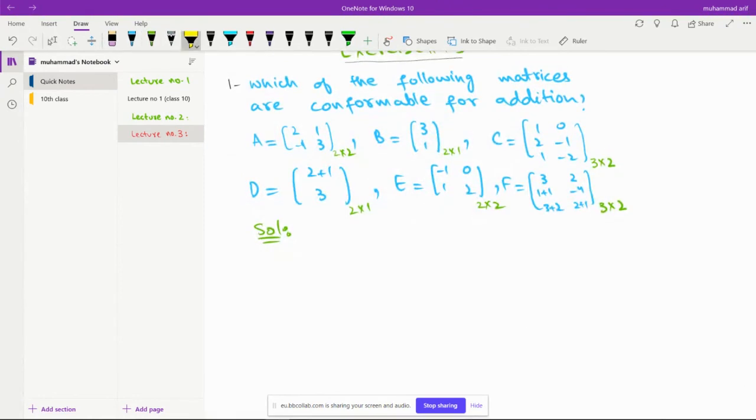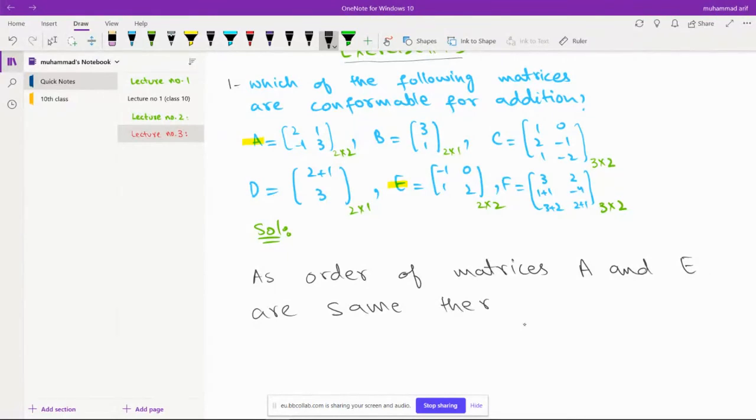Now we easily see that the order of matrix A and the order of matrix E are the same. Therefore, A and E are conformable for addition. Now we write it as: the order of matrices A and E are the same.